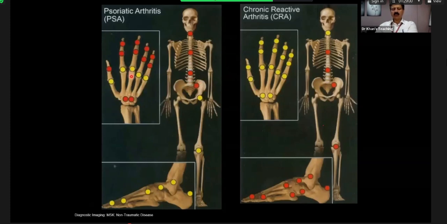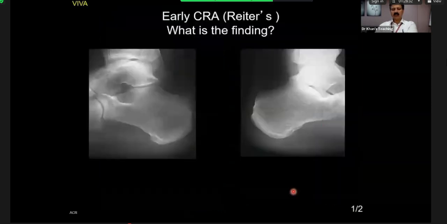The difference is in the distribution of hand versus feet. If it is hand involvement, call it PSA. If it is feet involvement, call it CRA. Please remember, that does not mean that hands or feet are not involved in vice versa cases. Having said that, more commonly hand is involved in PSA and feet in CRA.